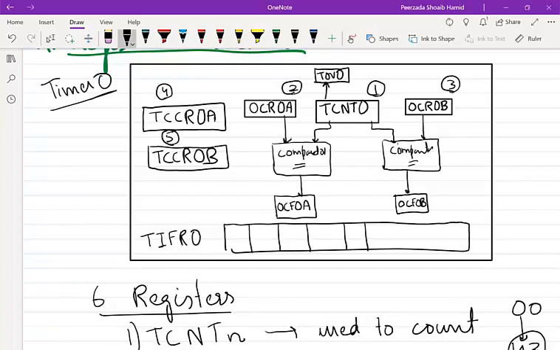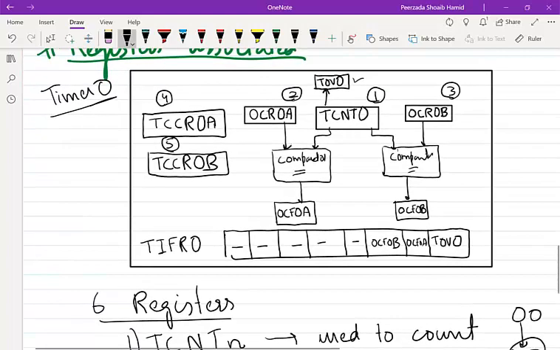The first 5 bits are unused, we don't use them because we have only 3 flags, and those 3, the 0th bit will be the timer overflow flag. I have shown it here also. And then we have OCF0A and OCF0B. So again we have 6 registers.